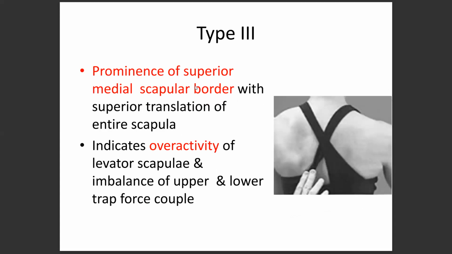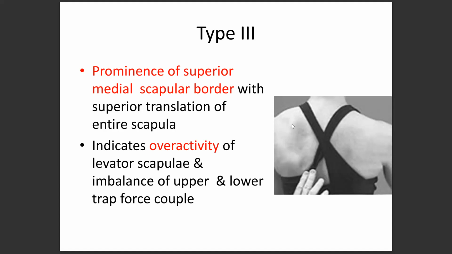In the type 3, there is prominency of the superior medial scapular border with superior translation of the entire scapula. Here, this is the superior border. This is not the normal place where the scapula should be. So that superior translation and prominency of the superior border is the characteristic of the type 3 scapular dyskinesis, and it indicates overactivity of the levator scapulae.